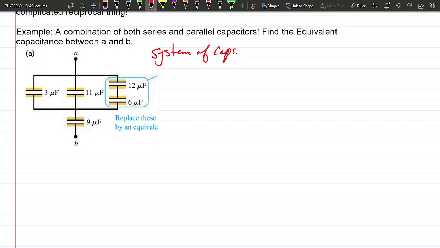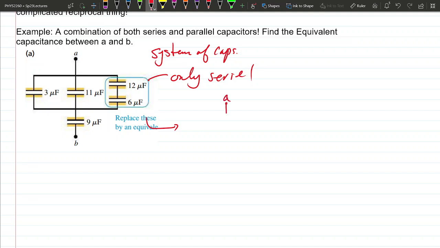So you want to find a particular spot where they are only series or only parallel. In this part of the circuit, it's only series. So I'm going to make a first attempt at the equivalent first.